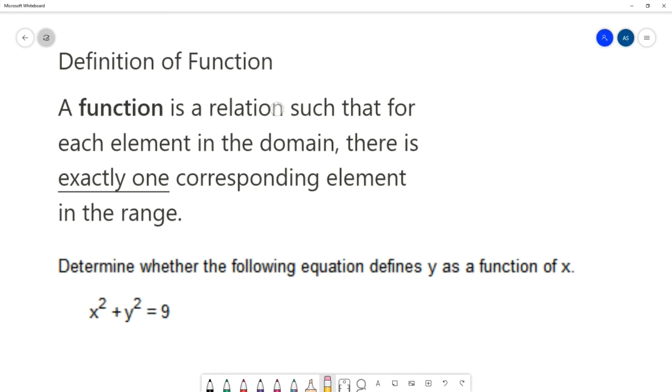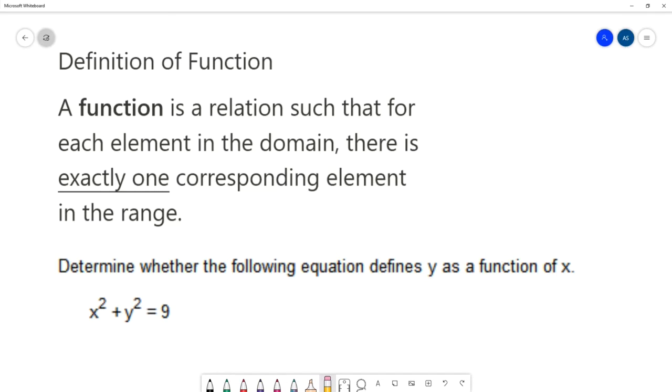So we know we have a relation, but we don't know if this relation has this special property: that for each element in the domain, there's exactly one corresponding element in the range. So that's the part we have to figure out, whether it has that special correspondence.